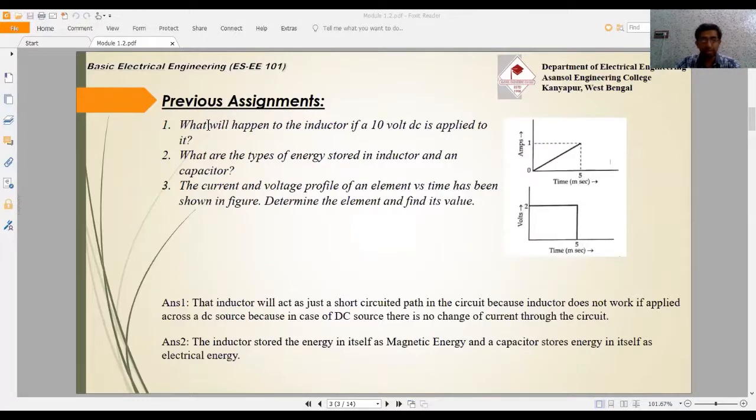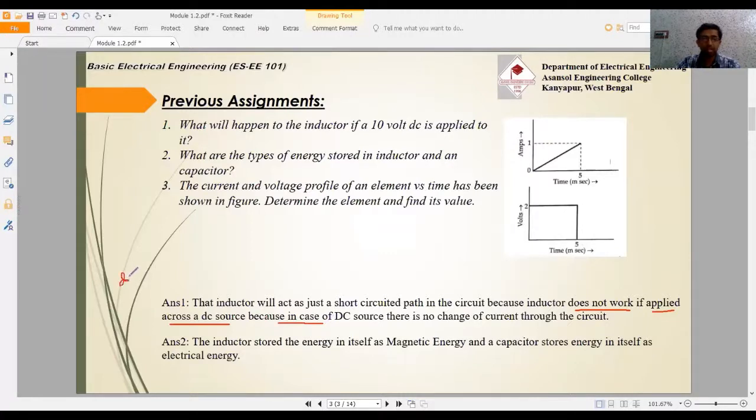Let's solve this first. What will happen to the inductor if a DC 10 volt is applied to it? The inductor will act just as a short-circuited path in the circuit, because the inductor doesn't work if the applied voltage is a DC source. In case of a DC source, the rate of change of current is zero.